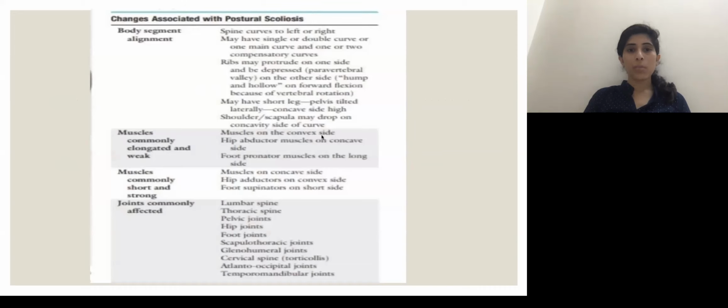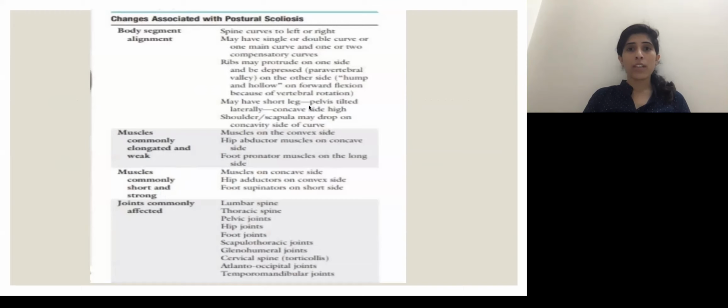Here also we should know which muscles are tightened and which become weak. We should know the commonly affected joints: the lumbar spine, thoracic spine, hip joints, pelvic region, foot, and scapulothoracic joints are mainly involved.